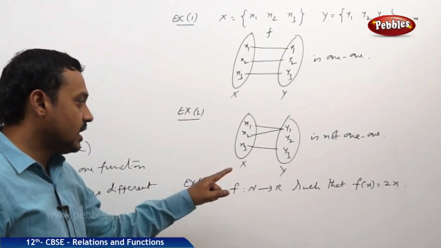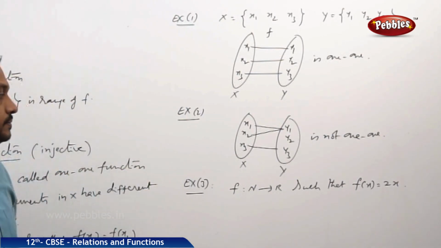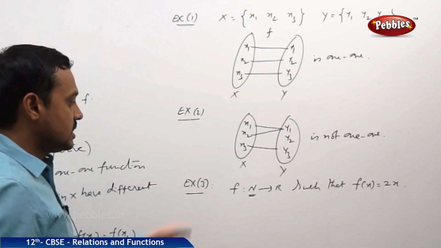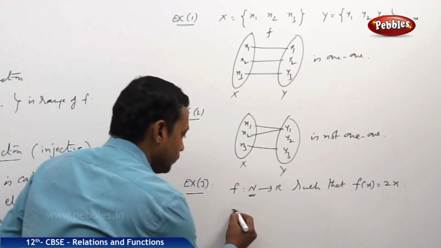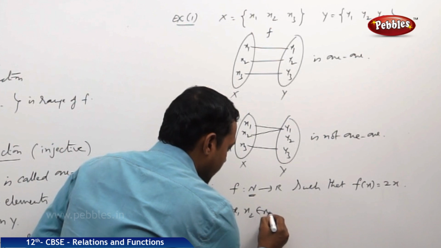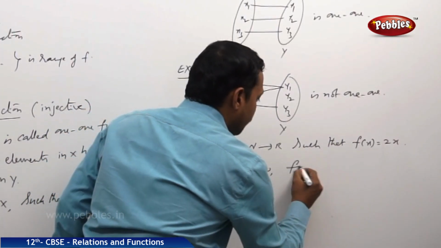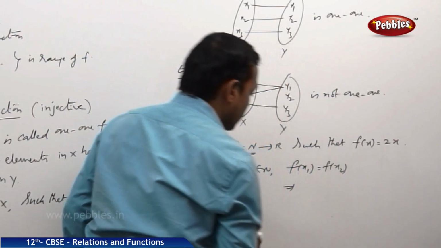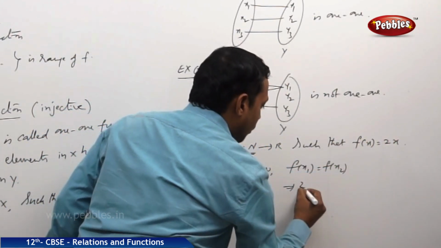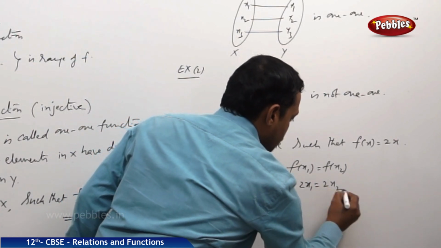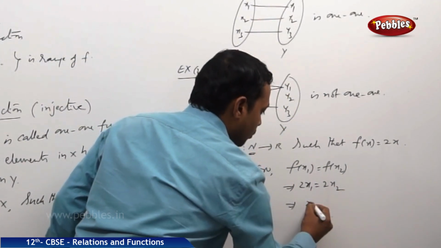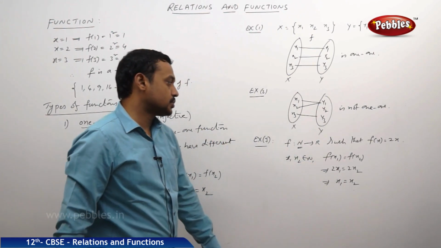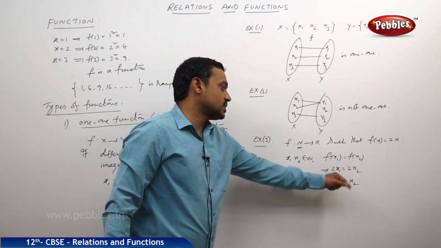Now let us check whether this function is 1-1. If we take any two natural numbers x1, x2 belonging to N such that f of x1 is equal to f of x2, that implies 2x1 is equal to 2x2.